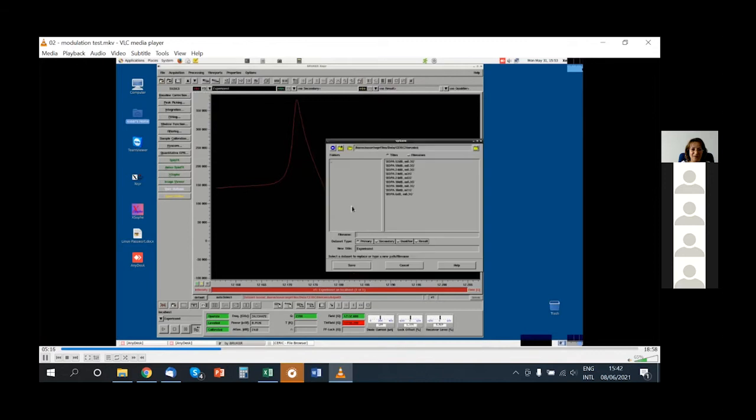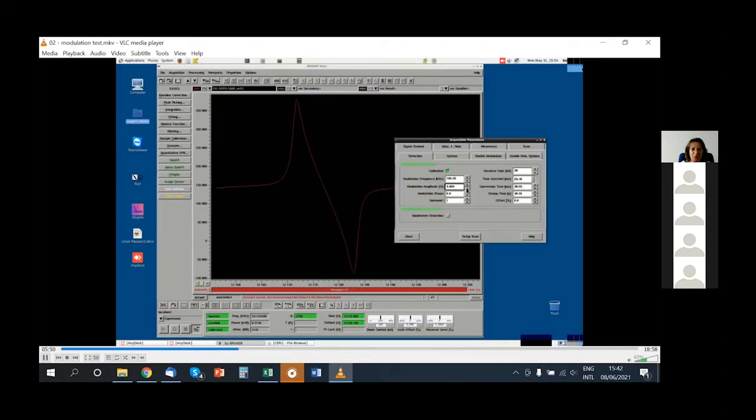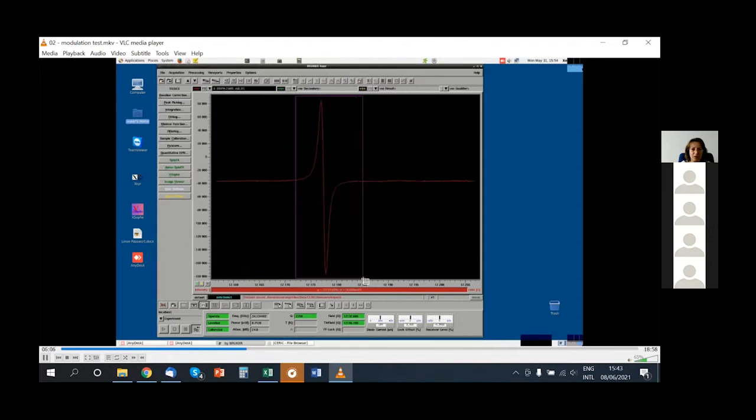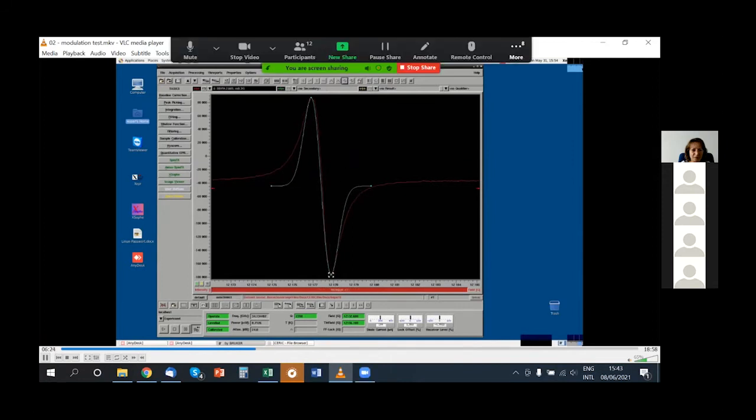This is a really distorted signal which we have to avoid. We need to have a quite high modulation amplitude to increase the signal intensity, but we cannot go too much higher.